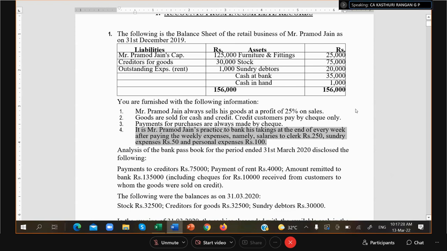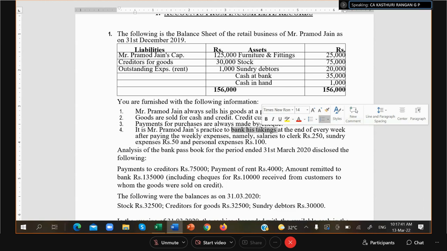So what is the meaning of this sentence? It is Pramod Jain's practice to bank his takings. What is the meaning of bank his takings? Takings means collections, money that you collect. Bank his takings means the collection is deposited into the bank.